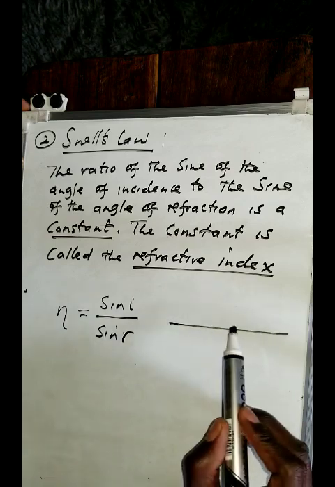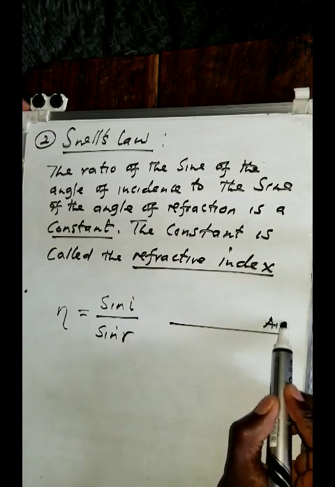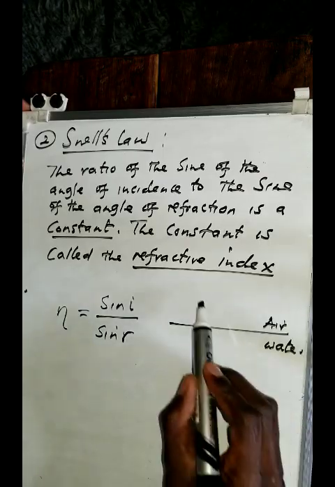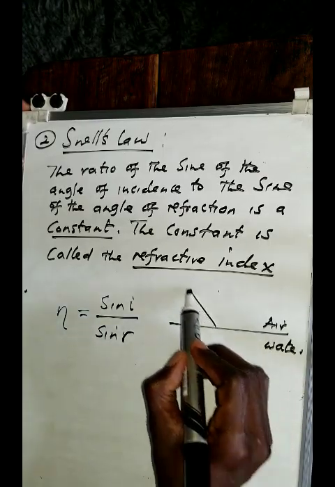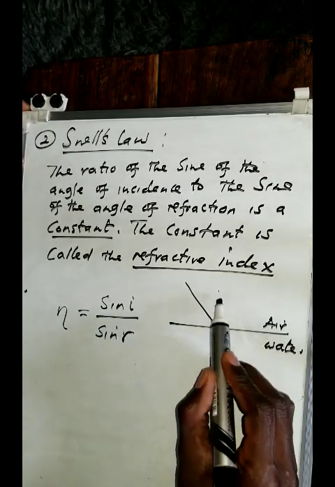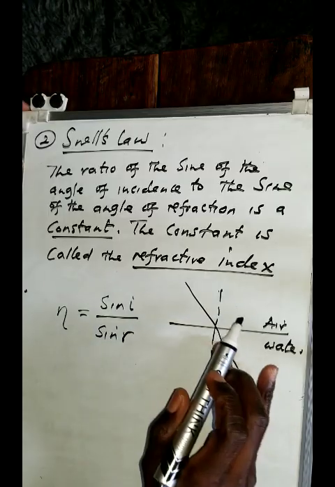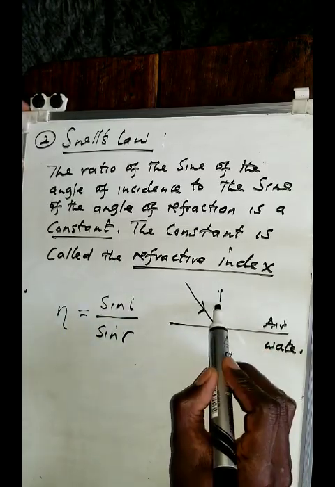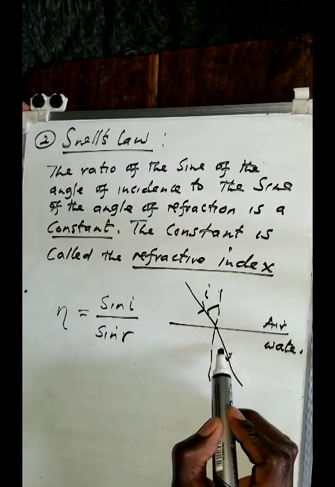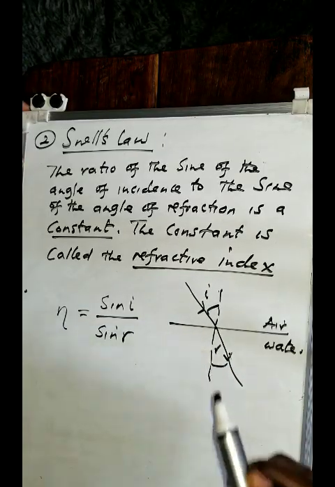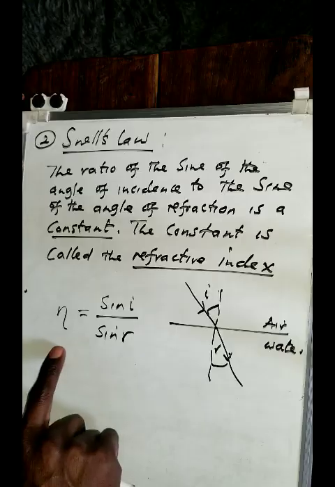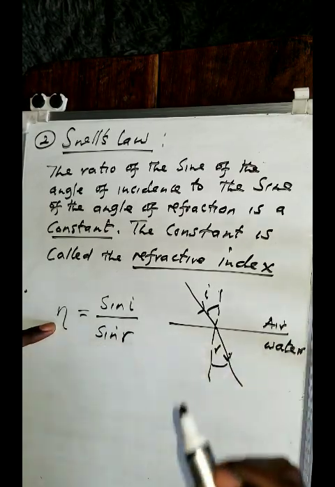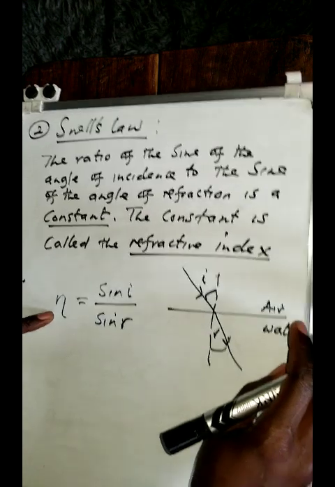Meaning if you have two media, maybe air and water, let me just draw it properly. If you know the angle of incidence and the angle of refraction, you can actually calculate the refractive index of the second medium. So that is what it simply tells us.